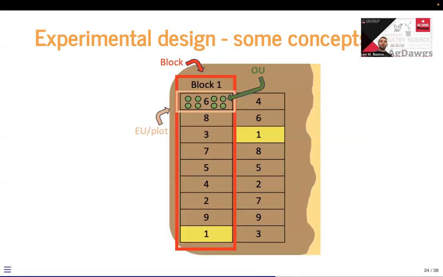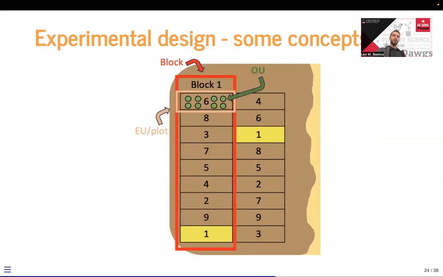So I'm showing you here an example of a design. Here's block 1. We also have block 2 here, but for now we can just focus on block 1. In our example, we have 3 nitrogen rates and 3 potassium rates, meaning that we have 9 treatments, which I'm showing you here, numbered 1 to 9, where we randomize them inside. Each one of these cells is a plot or an experimental unit that's receiving a random assignment of a treatment, and they are grouped here by a block.